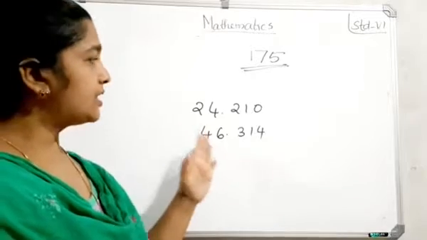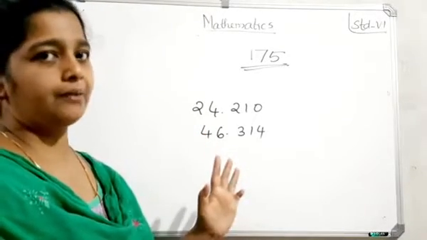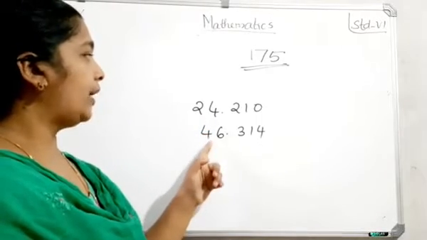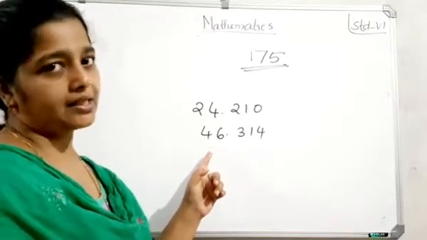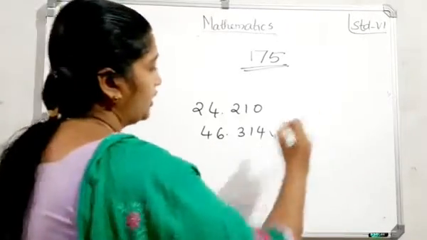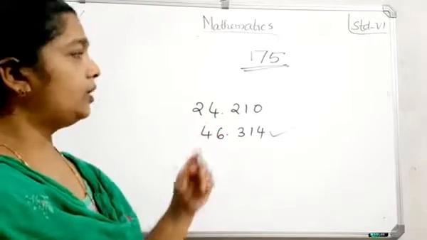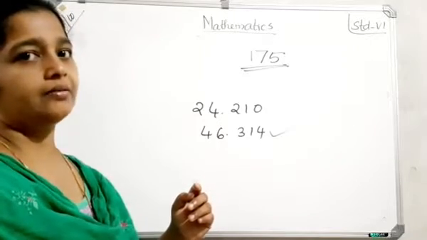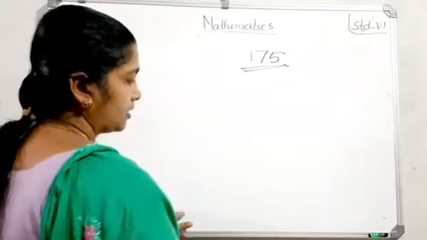Which is the greater whole part? That is the greater decimal number. So we can say easily, 24 and 46, which is the greater one? 46. Therefore, 46.314 is the greater decimal number and 24.210 is the smaller decimal number. Clear? Yes. Next question.